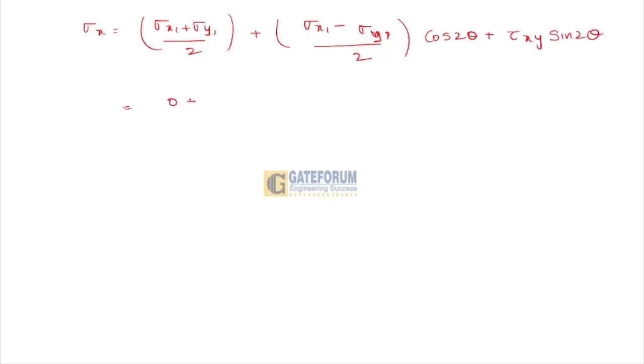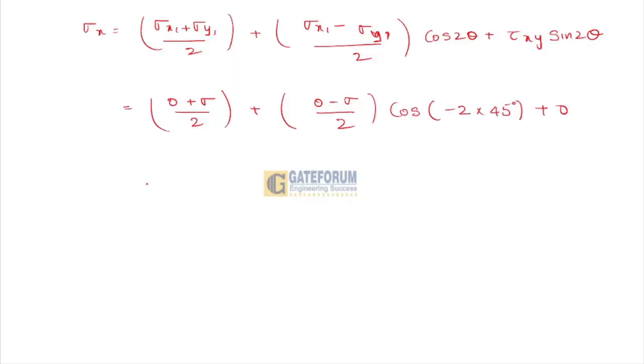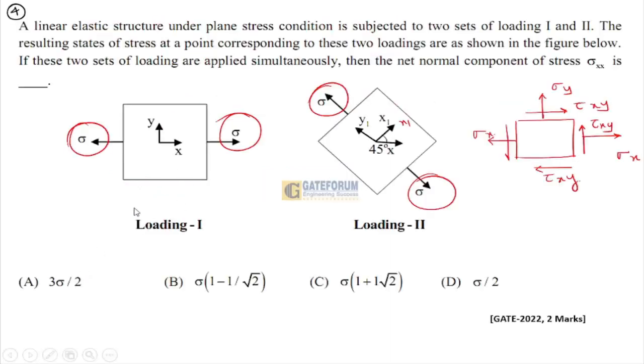That is (0 plus sigma) by 2 plus (0 minus sigma) by 2 cos of minus 2 into 45 degrees. Shear is 0. Sigma x is equal to how much are you going to get? Sigma by 2. So that is for the first diagram.